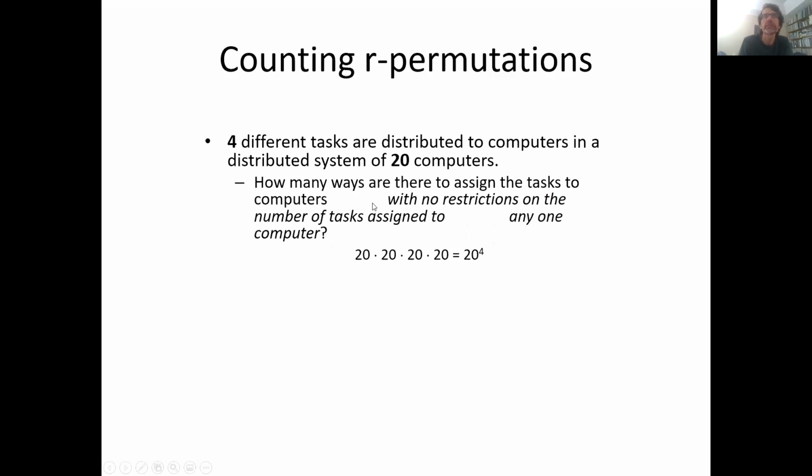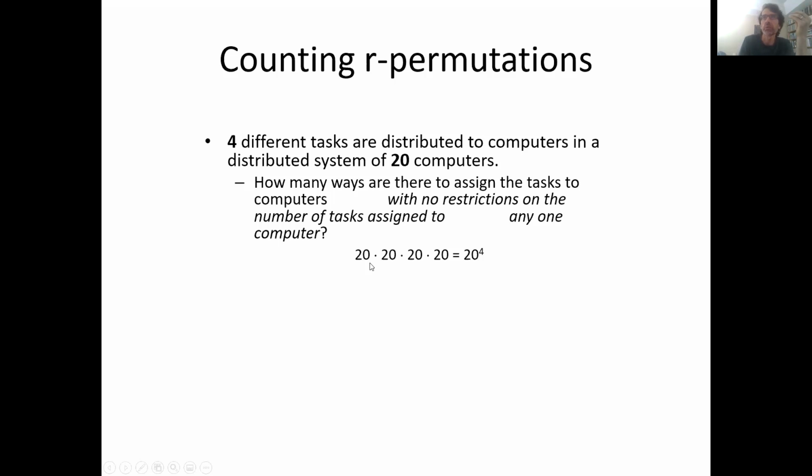Okay, here is an example of use. Let's say you have 20 computers and you have 4 tasks. How many ways are there to assign these tasks to computers if there are no restrictions, like one computer can do all 4 tasks?